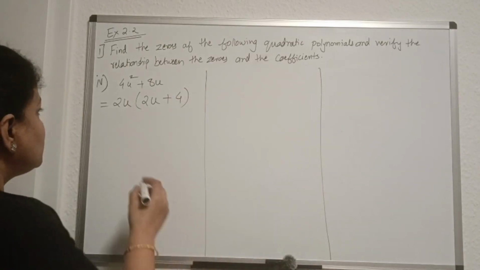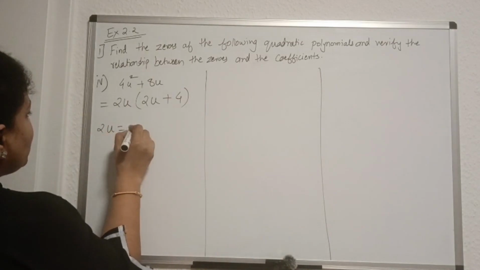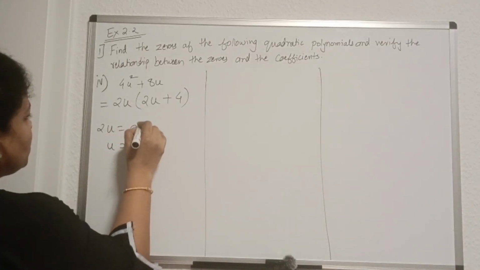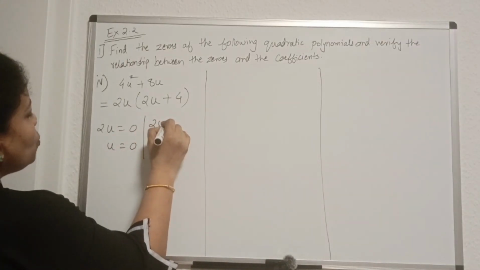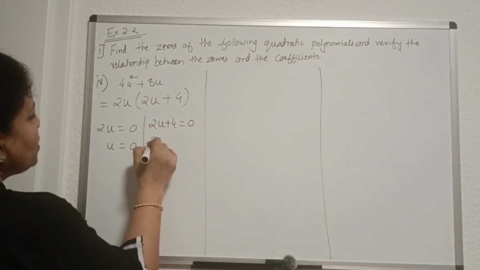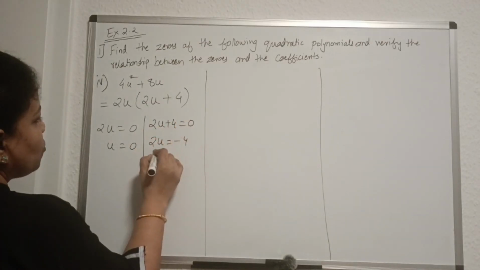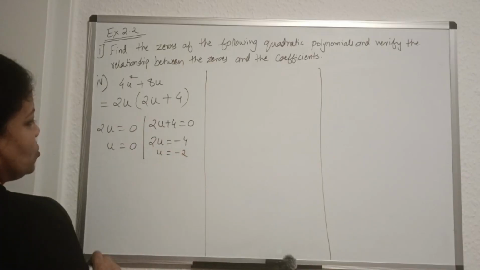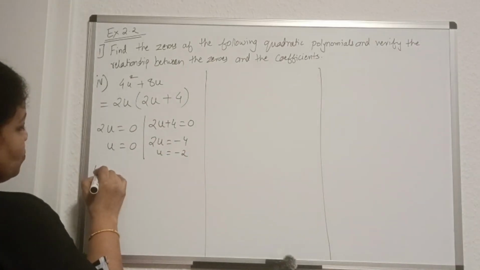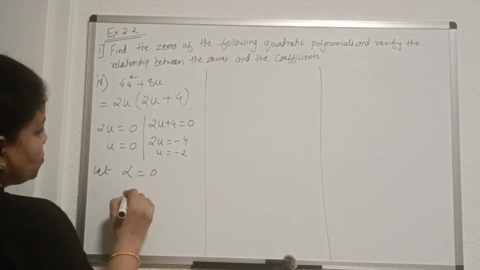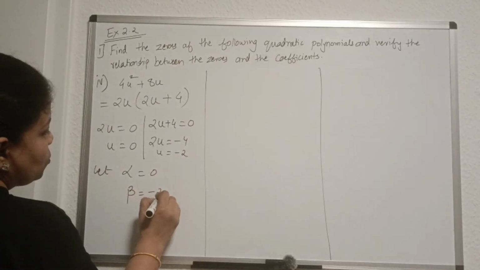You can't do anything more. So you can write either 2u is equal to 0, that means u is equal to 0, or 2u plus 4 is equal to 0, means 2u is equal to minus 4 and u is equal to minus 2. So I can assume that alpha is equal to 0 and beta is equal to minus 2.